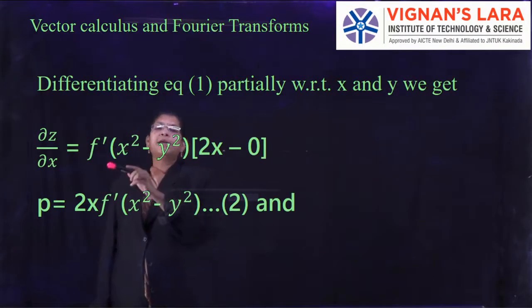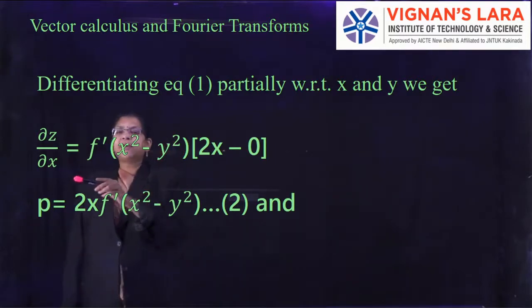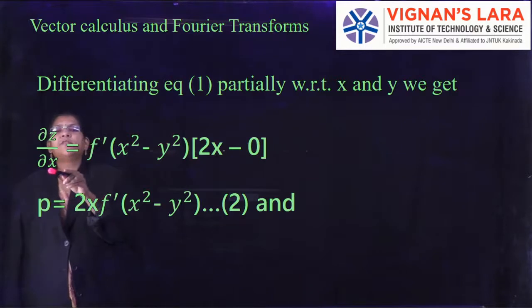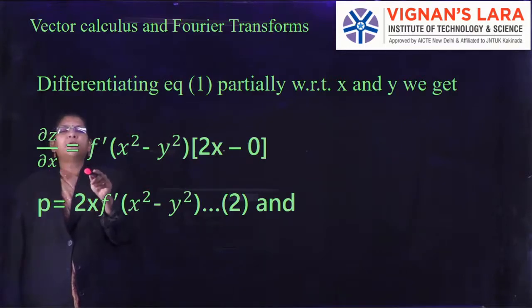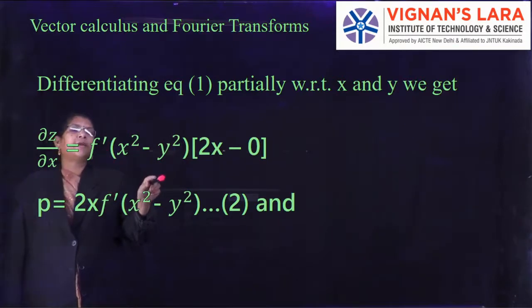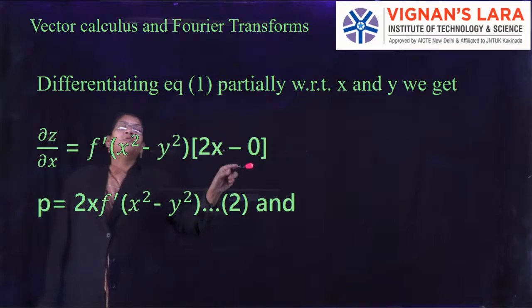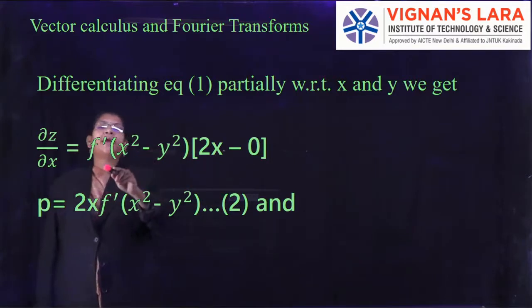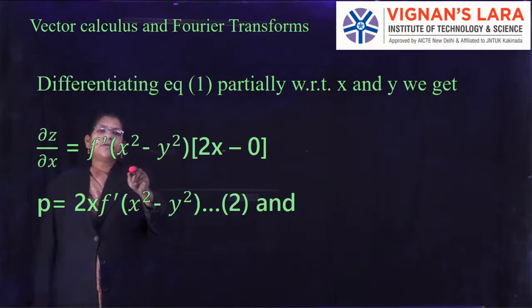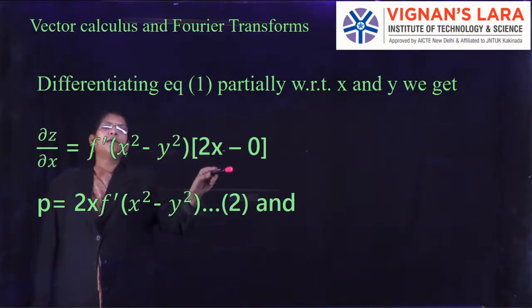What is the derivative for z? ∂z/∂x equals f dash of x² minus y² into the derivative of the bracketed value: for x² the derivative is 2x, for y² the derivative is 0.